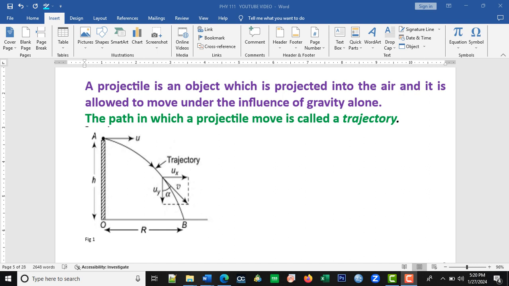If you look at the figure here, figure 1, you see the height above the ground, the horizontal velocity of projection, and the R here represents the range. So this is the path in which the object being projected moved, the trajectory.